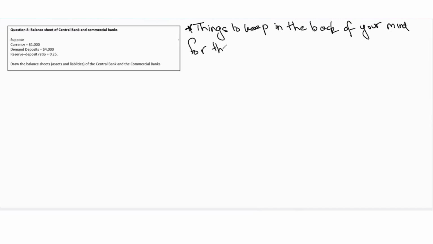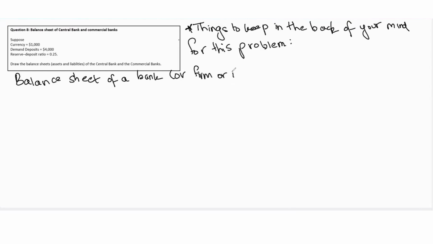So here we need to keep in mind, what do we mean by a balance sheet? The balance sheet of a bank, or it could be of a firm or individual, shows its assets and liabilities at a point in time.